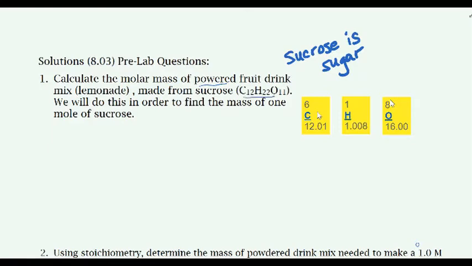Okay, so we're going to figure out the molar mass of the sugar first and foremost. We need the periodic table, so I've just cut out a couple of little blocks from the table for carbon, hydrogen, and oxygen. So we have to figure out what elements we have in the compound, which are C, H, and O. We have to figure out the molar mass of each of those elements, which we get from the periodic table.